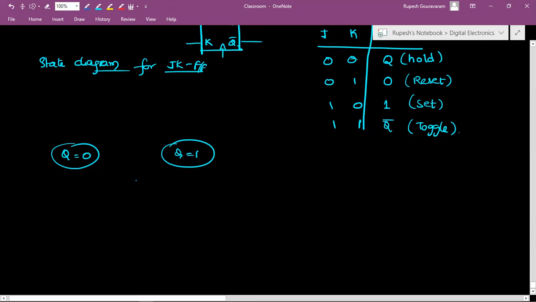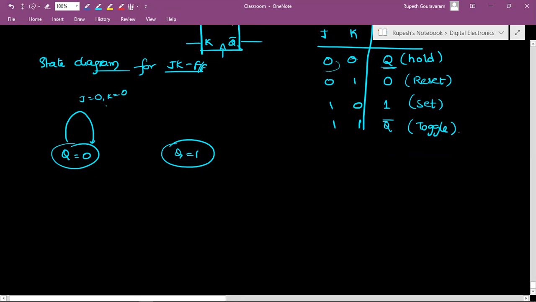Now, when it comes to Q equal to 0, if the previous bit is 0 and J and K are zeros, then Q stays 0.